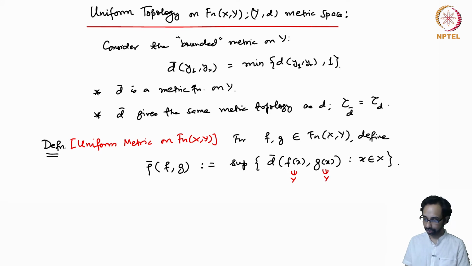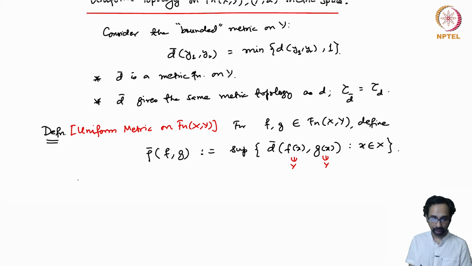So this is the definition of the uniform metric, and I leave it to you as an exercise to show that this function rho bar is a metric function on Fn(X,Y).